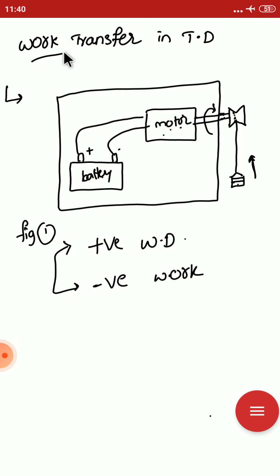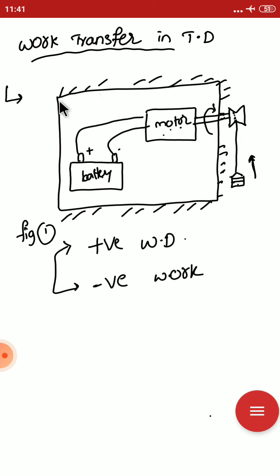From the thermodynamics point of view, work transfer occurs between a system and its surroundings. If we take this as the system, everything outside the system is the surroundings.